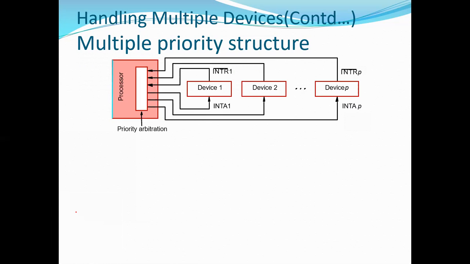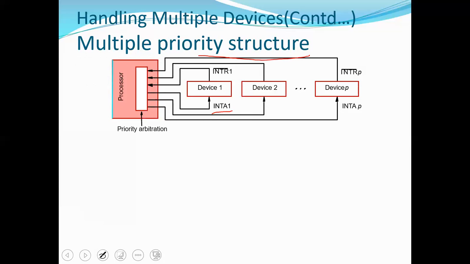So here you can see a new term, interrupt acknowledgement. Interrupt acknowledgement is the acknowledgement sent to the device by the processor. It says that the interrupt is accepted. And after the acknowledgement is received by the device, the transfer of data takes place between the processor and the input-output device. Okay, so this is the priority structure.